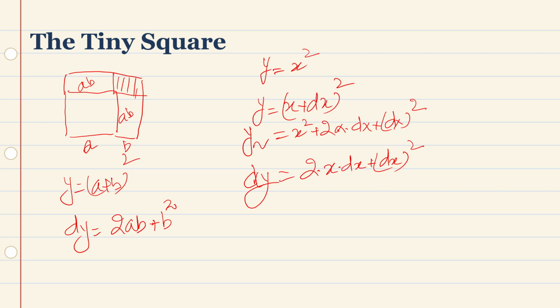Now we have both equations side by side. The algebra equation was representing a square; the calculus equation, the same equation, is representing a curve.